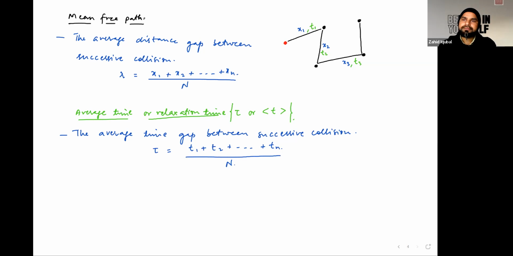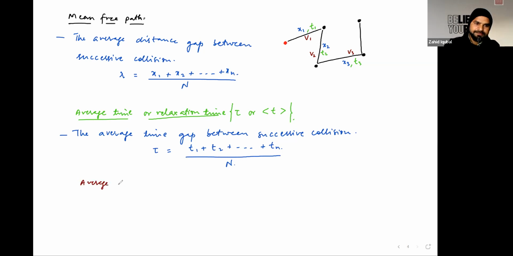And one more thing: let's say this particle on collision will have some velocity v1, at this point v2, at this point v3, and so on. If you take the average of all these speeds, that is called average velocity or average speed.